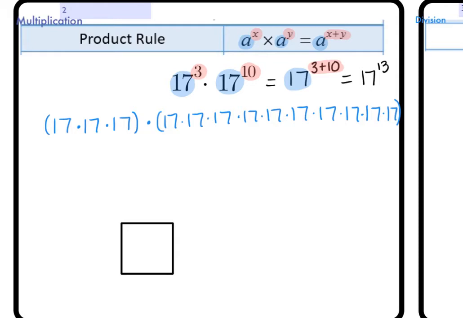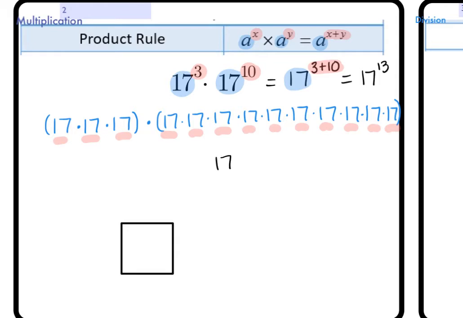So what you should notice here is that now I just have a bunch of 17s. So my base did not change. My base is still 17. What I'm multiplying is still 17. The only thing that changed is how many times I am multiplying 17. 1, 2, 3, 4, 5, 6, 7, 8, 9, 10, 11, 12, 13. So see, it does end up giving me the same answer that I got when I did my rule.